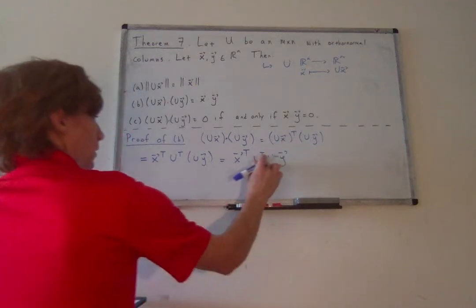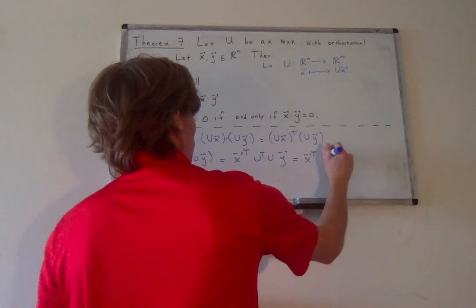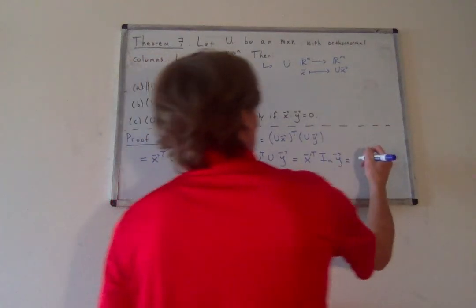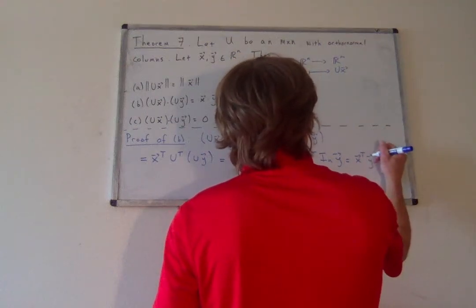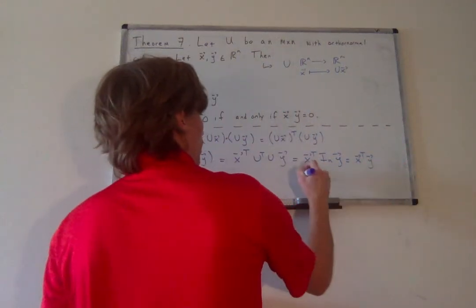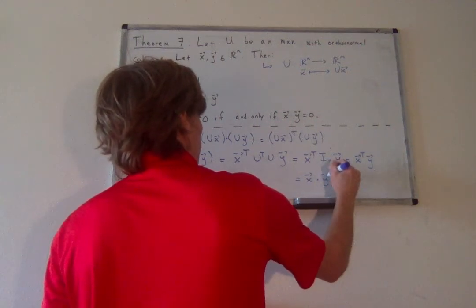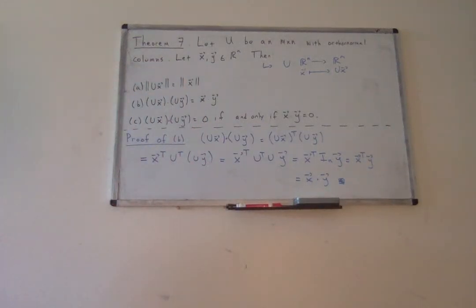U transpose U is equal to the identity matrix, so that can just be thrown out of the equation. And then remember, x transpose y is the same thing as x dot product y. And that actually proves part B.